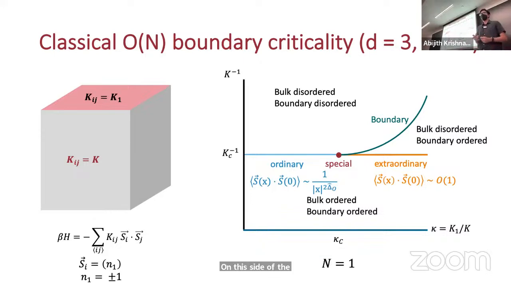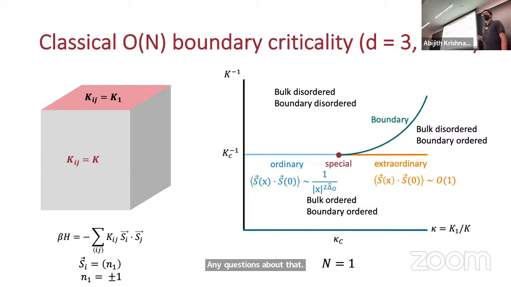So even as we tune the system to its bulk critical point, the boundary will stay ordered. And thus we get what's called the extraordinary universality class, where the spin-spin correlation function goes to a constant. And this point right here, called the special fixed point, is just the transition between the ordinary and extraordinary universality classes. Any questions about that?